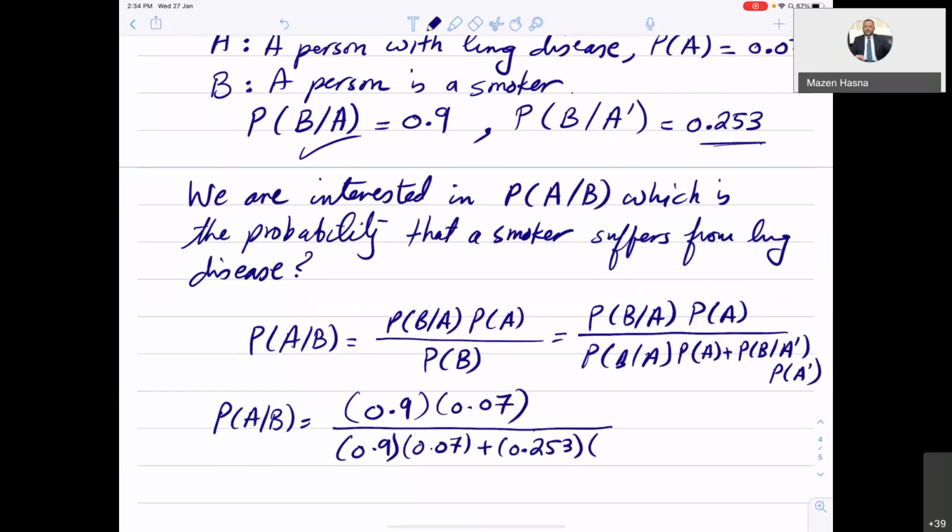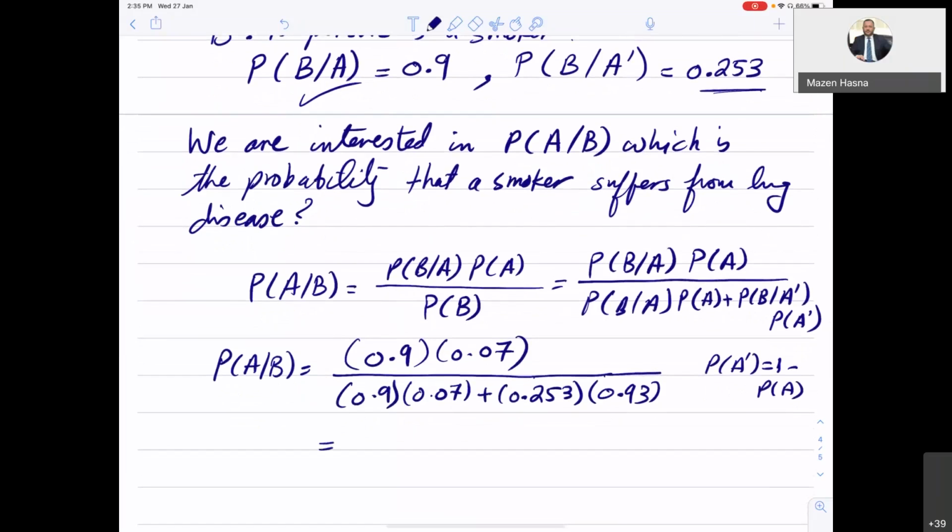What's the probability of A dash? 0.93, right? The probability of A dash is just 1 minus the probability of A. And we know the probability of A is 0.07, then the probability of A dash is 0.93.